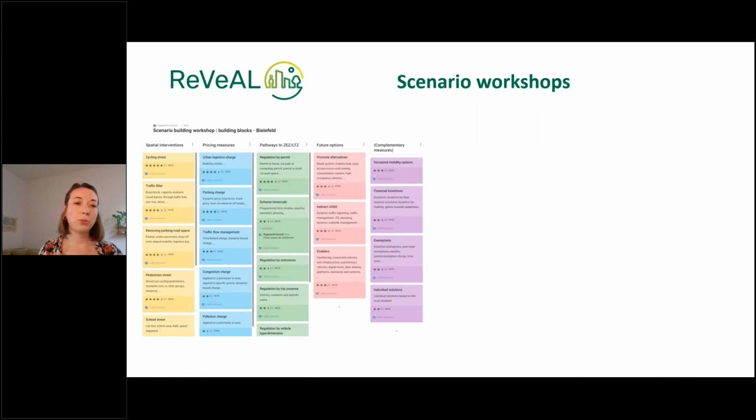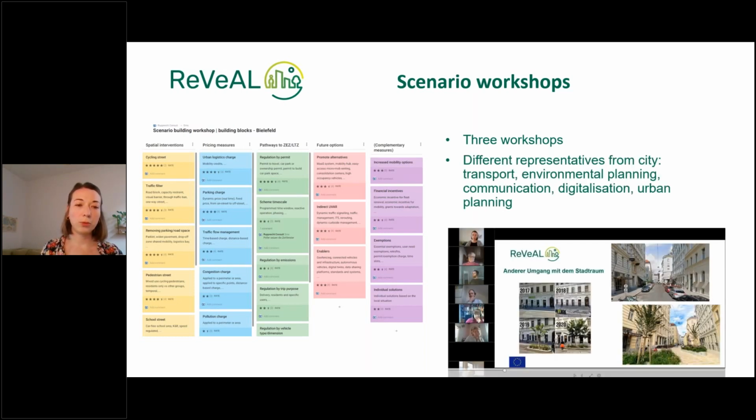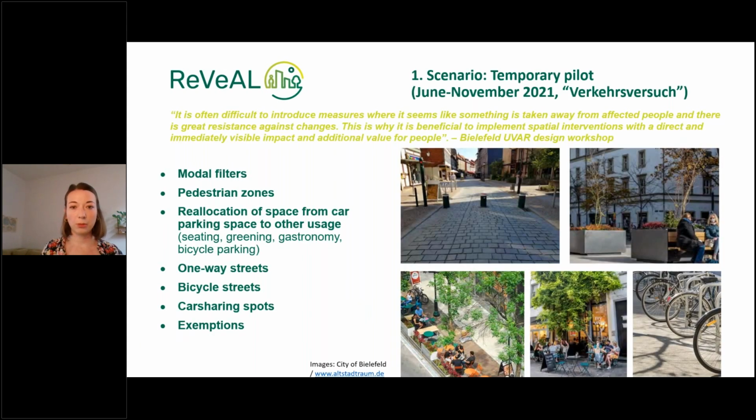The scenario workshops were part of this whole building process. We had 3 workshops in total with different stakeholders, almost all from the city. So they were from transport, environmental planning, communication, digitalization, and urban planning. And out of these 3 workshops in which we discussed the different building blocks, we built 3 different scenarios.